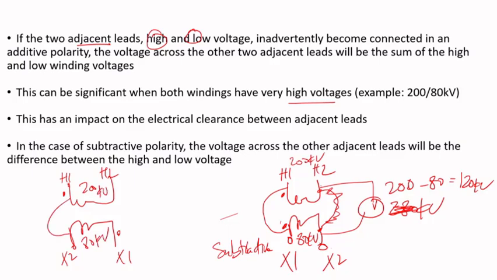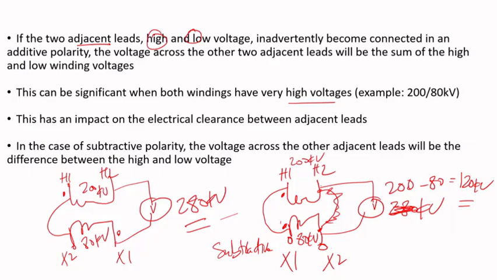Somehow H1 becomes connected to X2, like something accidentally connects to them. Now the voltage between here and here will be 280 kV. So you can see 280 kV versus 120. That's like a difference of 160 kV.